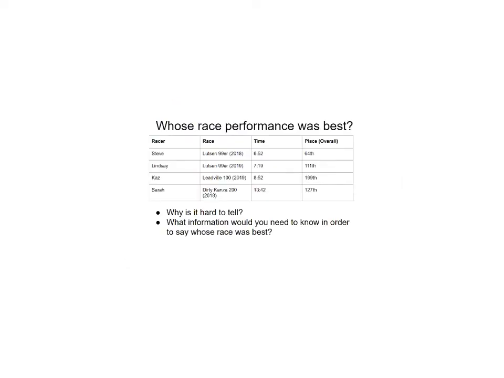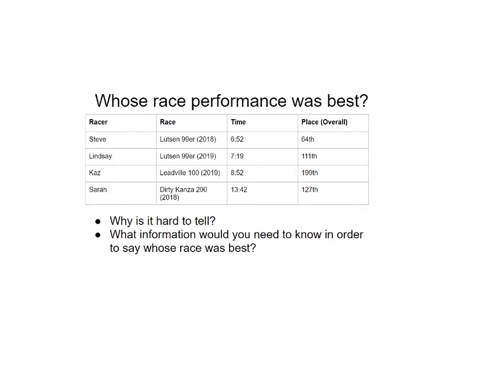So we're going to talk about something called a Z-score. Z-scores help you decide how many standard deviations from the mean a score actually is if it's not perfect. Like we've got these 4 runners who ran different races, and they have different times and different places, but we don't know how well they did.